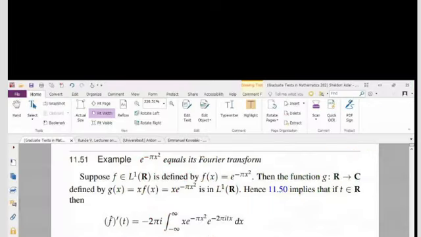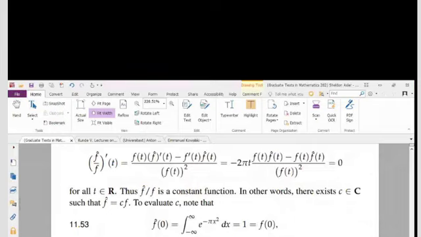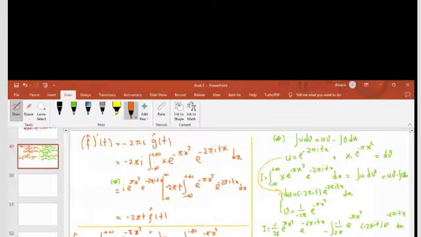Okay? One. This is equal to 1. You know this.